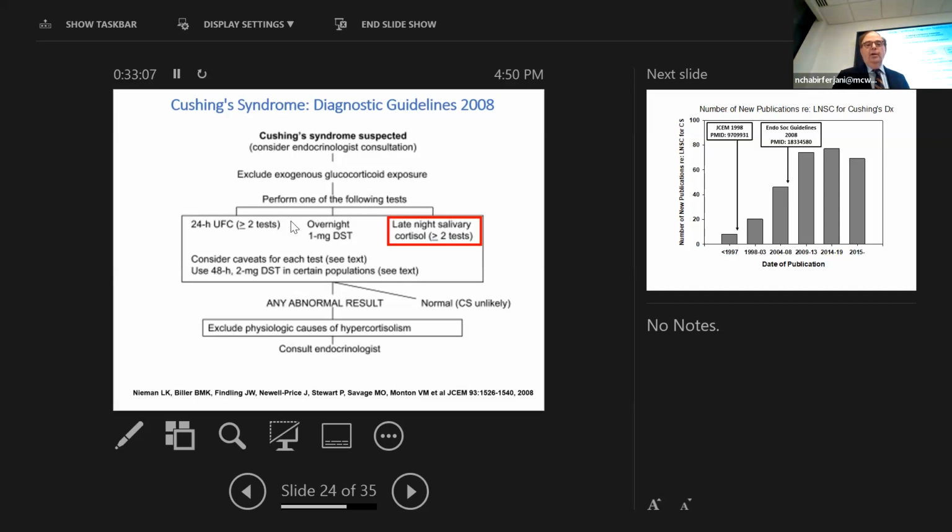In other words, urine cortisol, when it's very high, of course, is helpful, but many patients with Cushing's syndrome have normal urine cortisols. In fact, I had this discussion with an endocrinologist in Chicago last week, and I told him, I think urine cortisol is kind of like urine glucose.